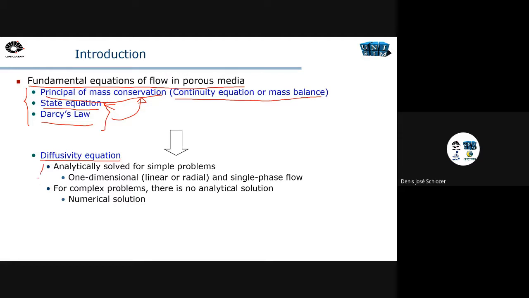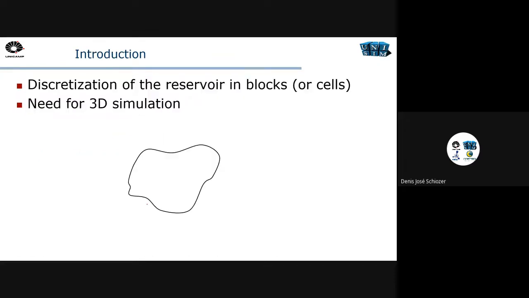Of course, we can solve these equations analytically for very simple problems, like theoretical or 1D problems, but for complex reservoirs we have to solve them numerically, as we have seen in the previous slides in the seminars, okay?